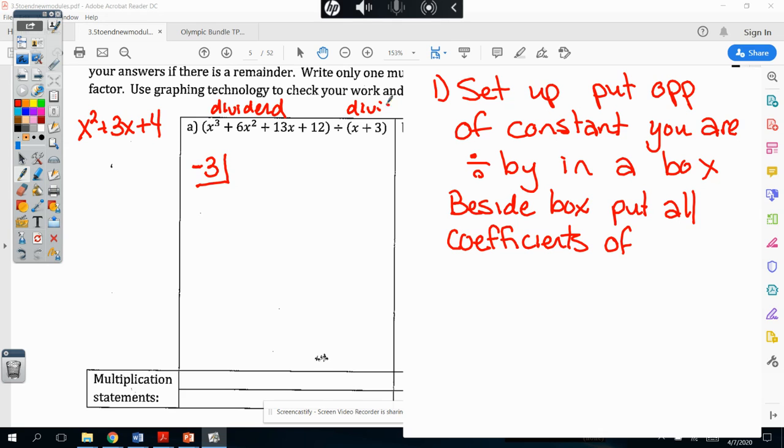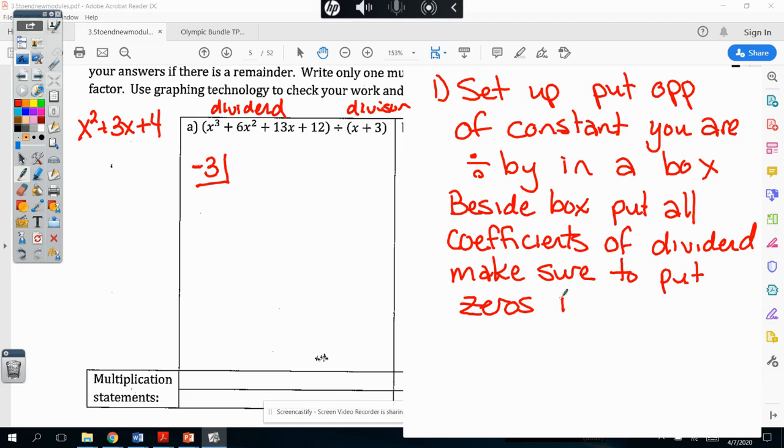Let's call it this. Beside the box, put all the coefficients of the dividend. Make sure to put zeros if necessary. You still have to put zeros if necessary. You won't have to here. Okay, so right next to the negative 3, I'm going to put a 1, leave a little space, a 6, a 13, and a 12.